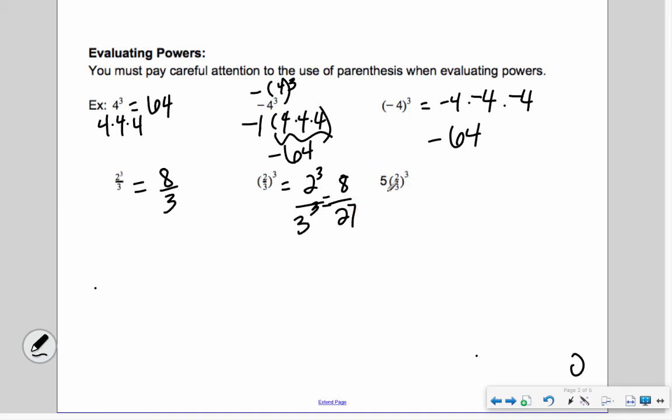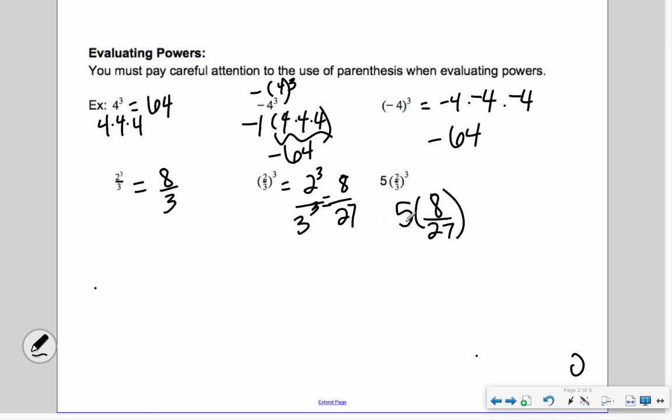Now this one is not number 5, okay? This 5 is in front of the parentheses. This exponent does not apply to this 5. This 5 is kind of similar to this negative sign in front right here, which we made into a negative 1. So this 5 is on the outside, so this is 5 times, well, we know 2/3 to the 3rd is 8 over 27. So 5 times 8 over 27.